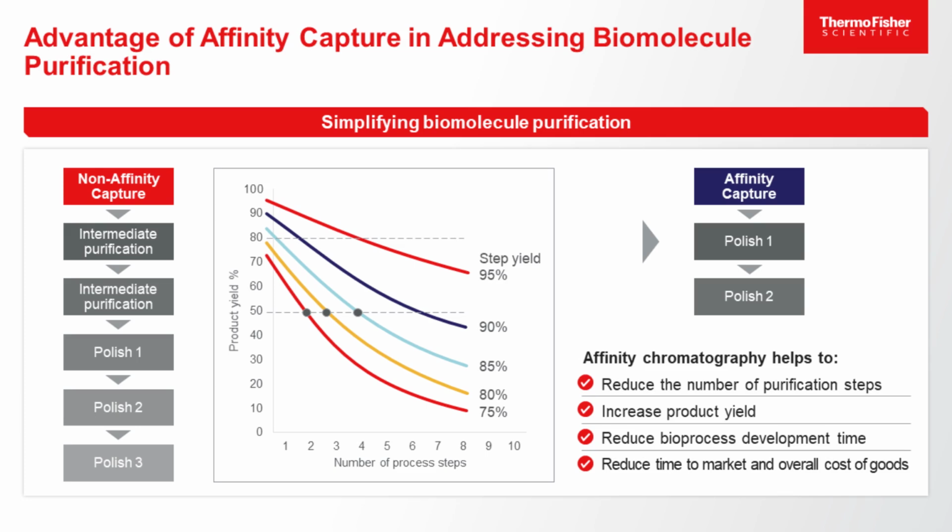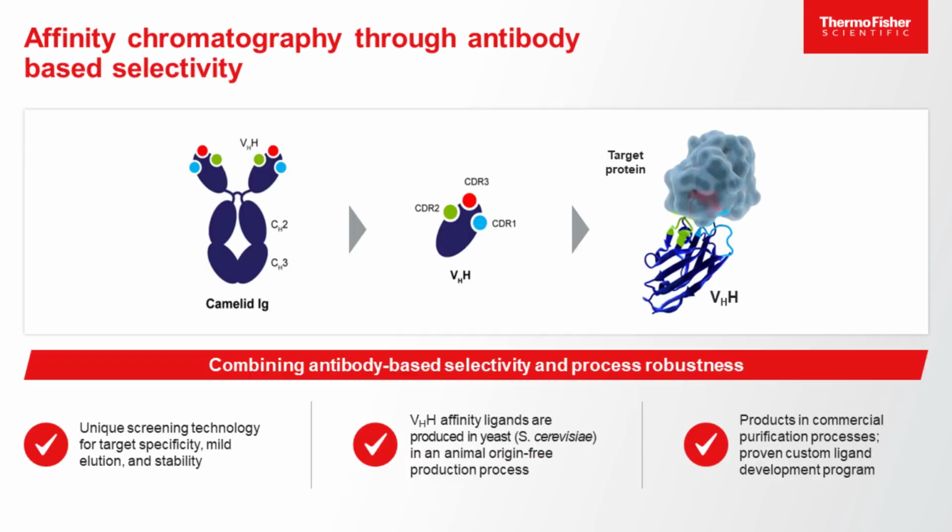And this is specifically why we've developed the CaptureSelect affinity technology. It is based on antibody selectivity. What we're using are called VHHs, which are small antibody fragments composed of 3 CDRs and 4 framework regions, only 15 kilodaltons in size.